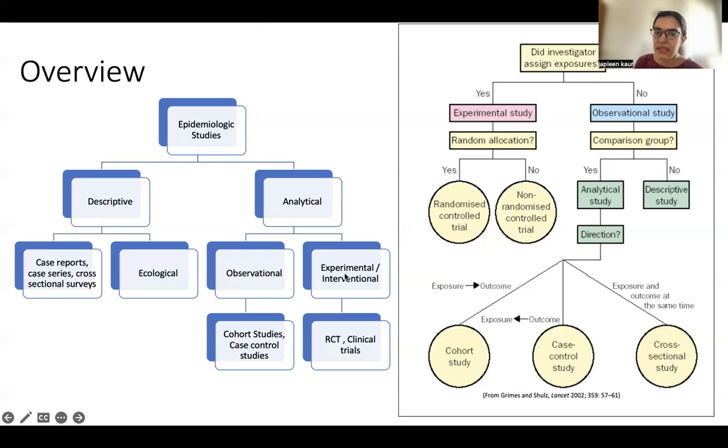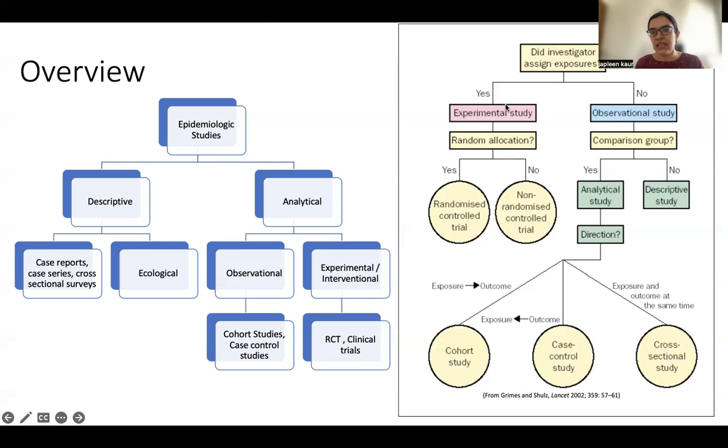The experimental or interventional are the RCTs or clinical trials. The main difference between these two is whether the investigator has assigned the exposure or not.